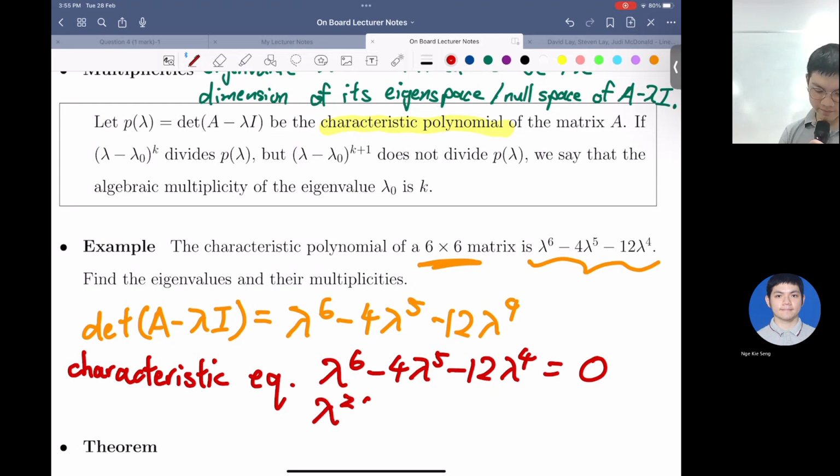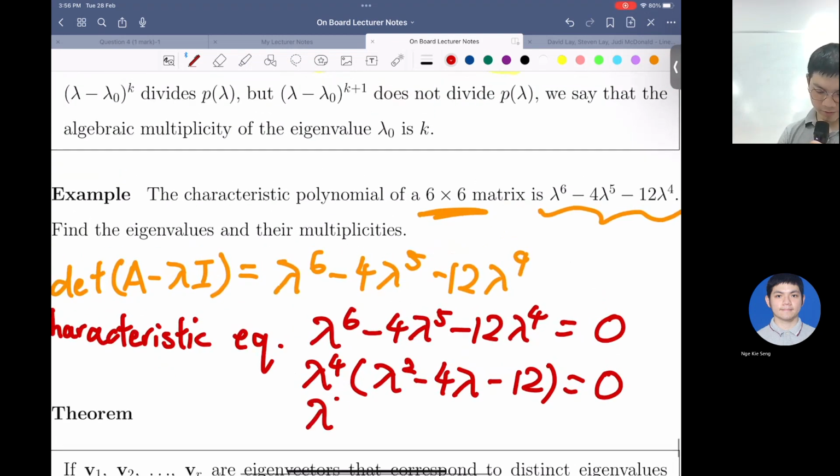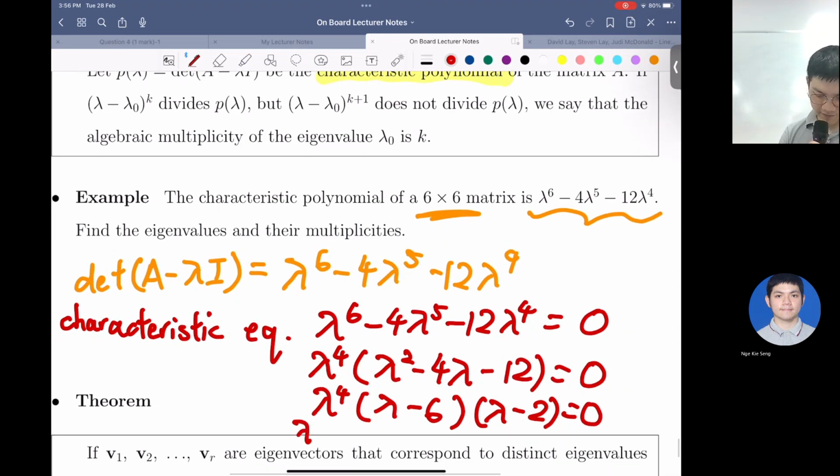Actually you can take 4 lambdas out: lambda to the 4 times lambda squared minus 4 lambda minus 12. Can you factorize further? Lambda minus 6, lambda plus 2. So the roots are 0, 0, 0, 0, and 6 and minus 2.